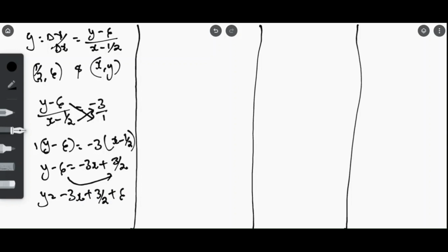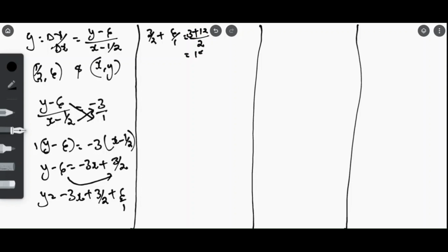I am adding 6. Let me add these two to see what I'll get. I'm having 3 all over 2, and I'm adding 6 all over 1. The LCM is 2. So 2 divided by 2, 1 multiplied by 3, 3, plus 2 divided by 1 is 2 multiplied by 6, that is 12.